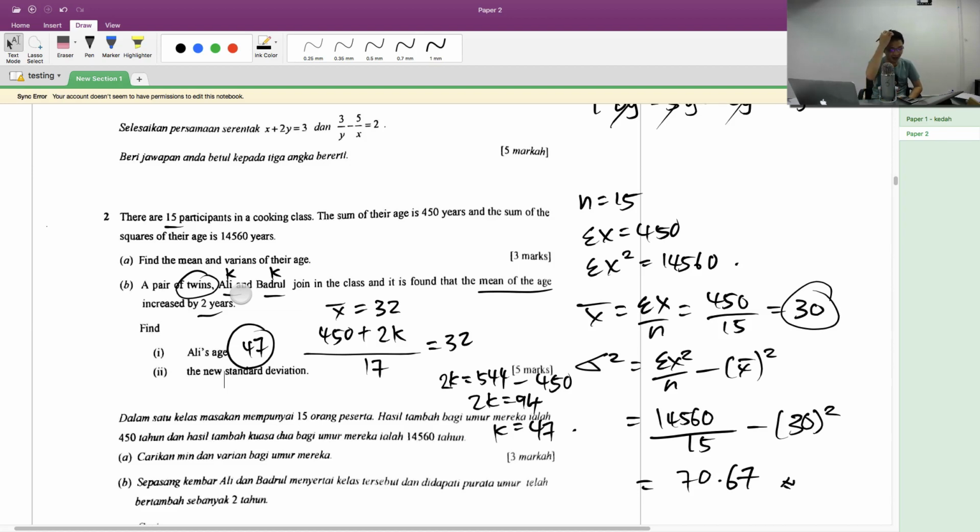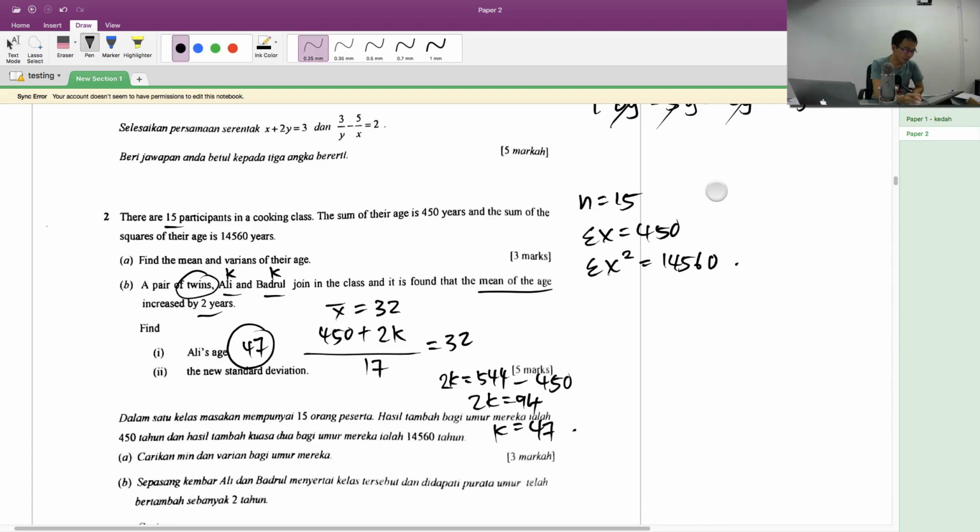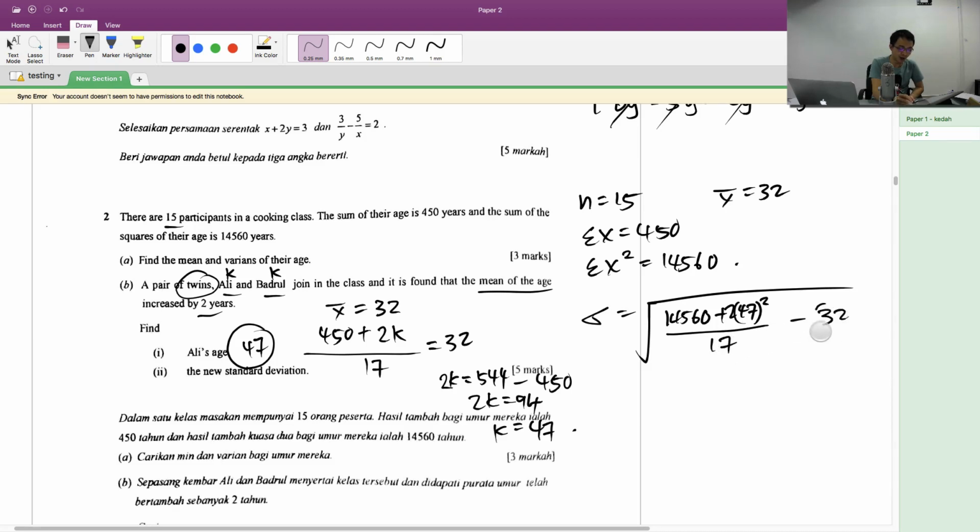Then now they ask you to find the new standard deviation also. In order to find the new standard deviation, I will do the same thing. Since you understand this one, I will write down my new mean is just 32. For standard deviation, it's just the square root of sum of x squared, 14560 plus 47 squared and 47 squared, that means you have 2 times 47 squared here, divided by 17 minus mean squared.